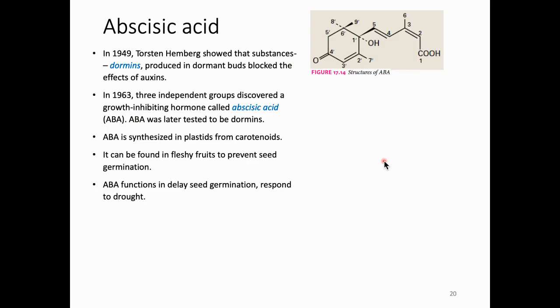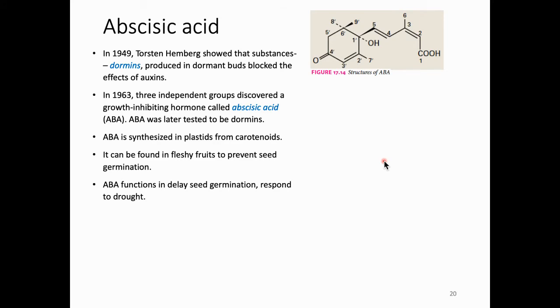Alright. The next hormone is abscisic acid. From the beginning to right now, we learned about three hormones: auxin, GA, and cytokinin. These three hormones are more like promoting growth.